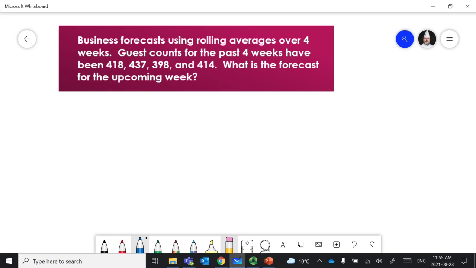Well, we take our 418 plus 437 plus 398 plus 414, which gives us a total of 1,667. So over the 4 weeks, we had 1,667 guests come in, and it was out of 4 weeks. So we divide by 4, and we end up with an average customer count of 417.